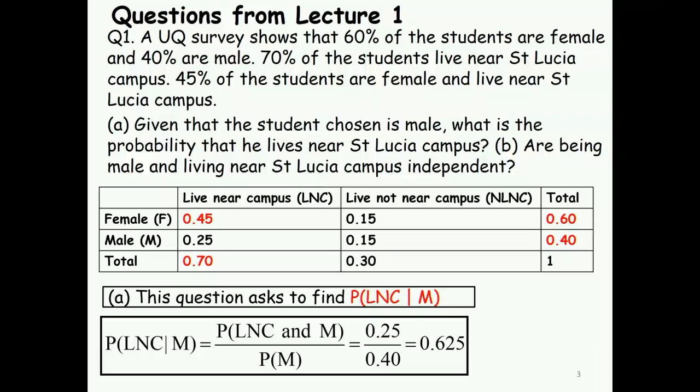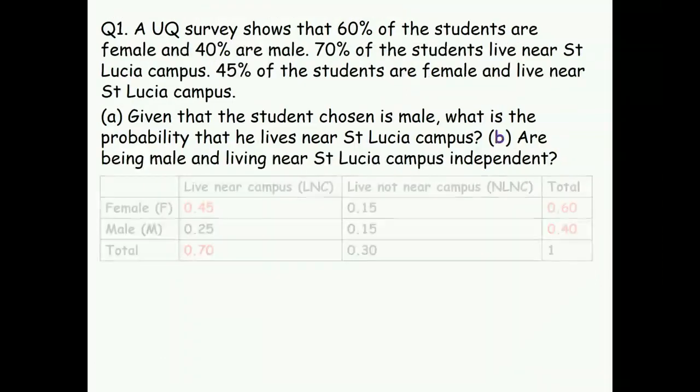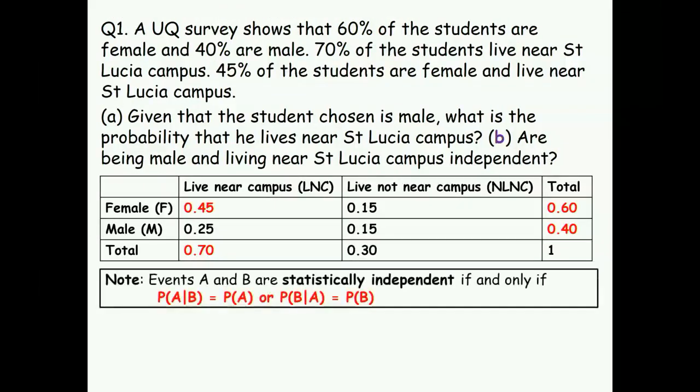If you remember in my lecture note, I gave you how to test. If two events are independent, this must be fulfilled: the probability of A given B must be equal to the probability of A, or the probability of B given A must be equal to the probability of B. If they are equal, then it is independent.